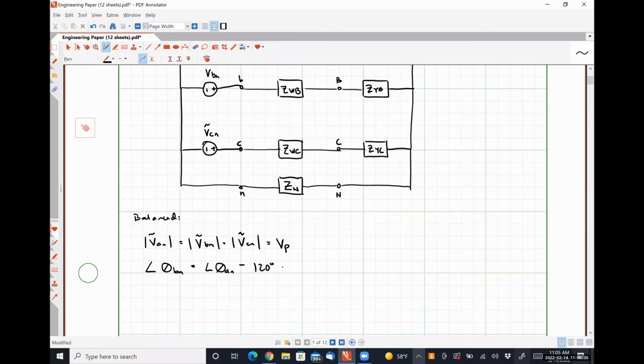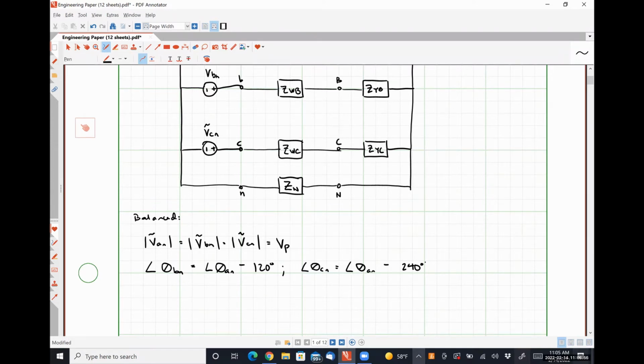And angle theta CN will be equal to the angle theta AN minus 240 degrees.